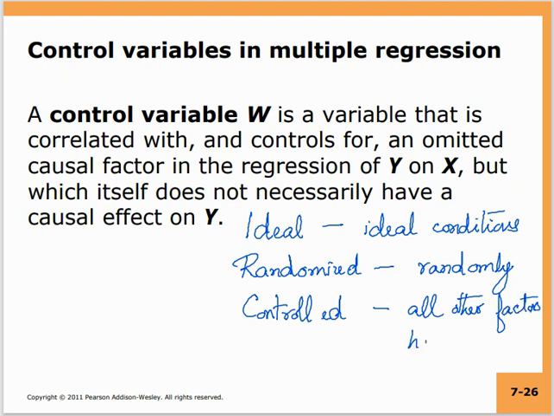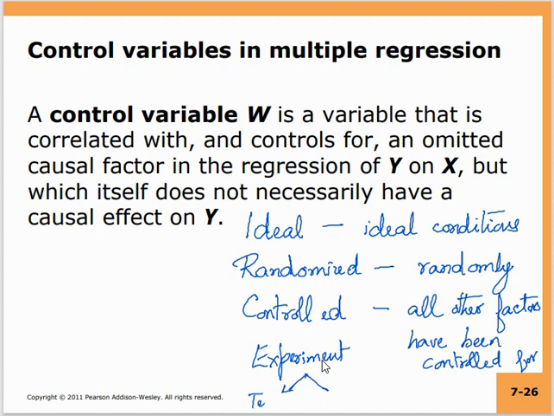So all other factors remain constant, controlled for. This is the meaning of controlled experiment. And then finally experiment, that is, you are assigning the entities to the test and the control group. So you get to decide who is in the test and the control group.